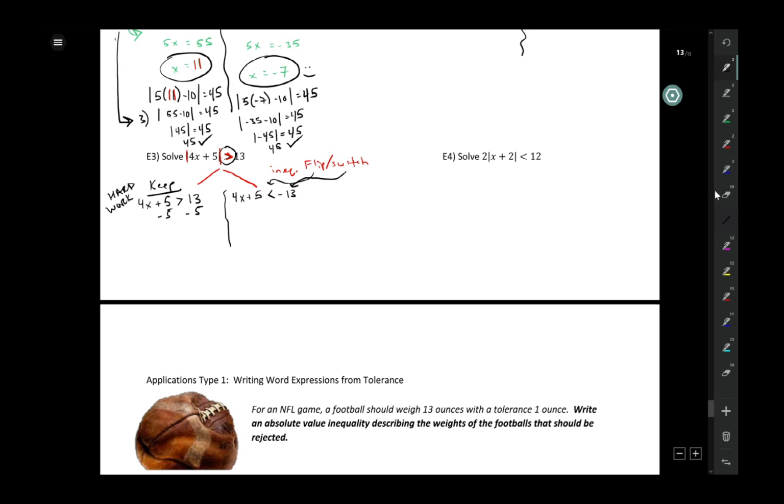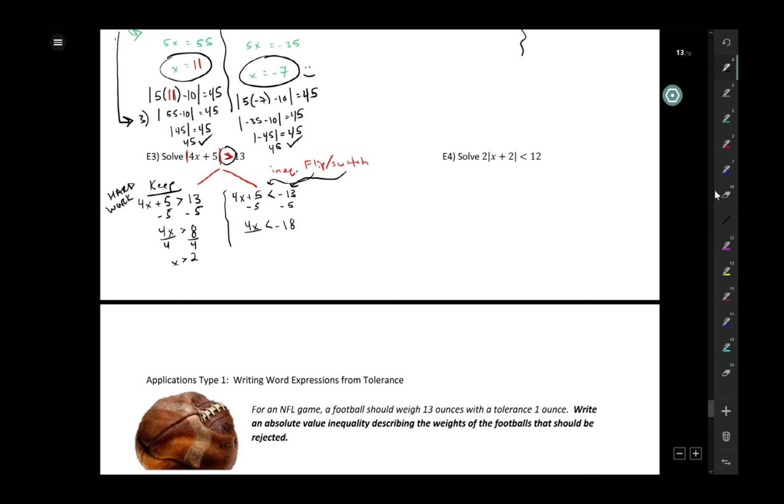5 to 13, that would be, oh my goodness, 8. Less than 4x. Divided by 4. Greater than 2. And subtract 5. Subtract 5. Now we're going the other direction. Let's see here. Negative 18 less than 4x.